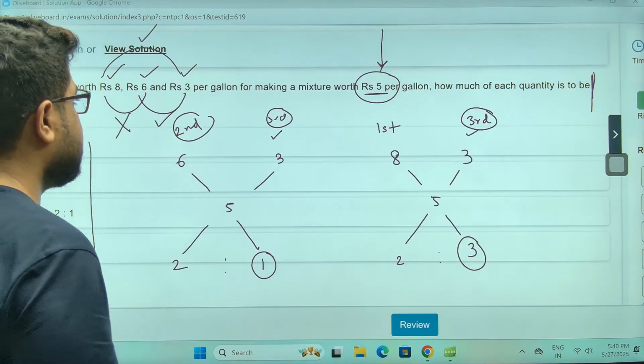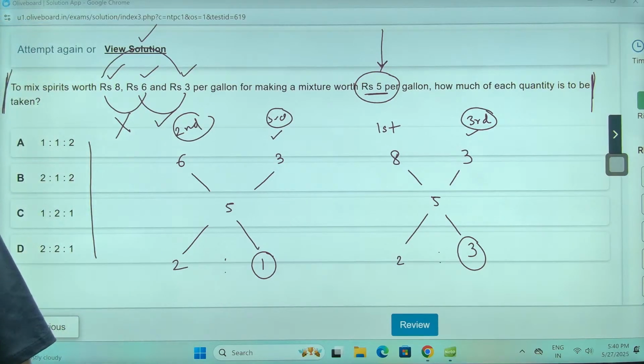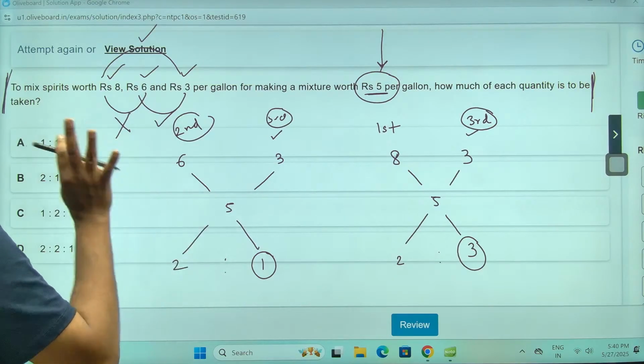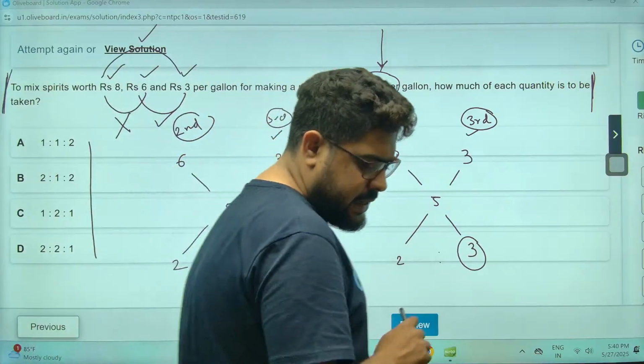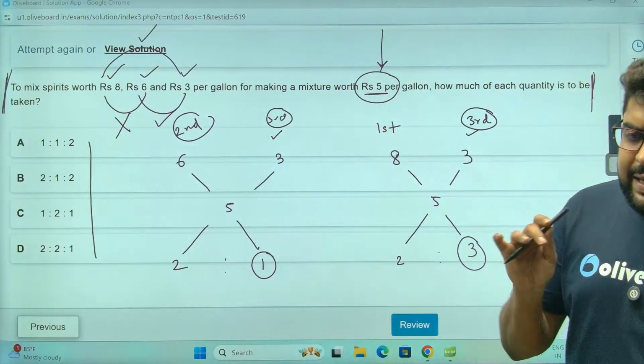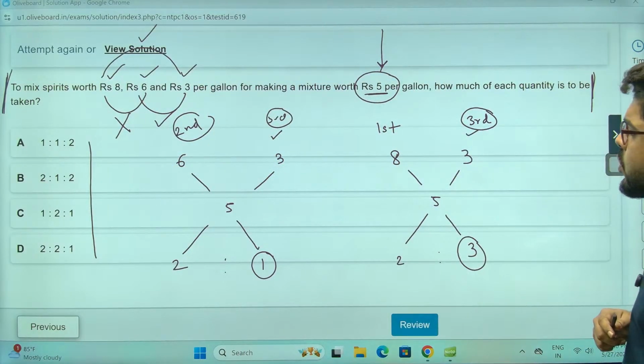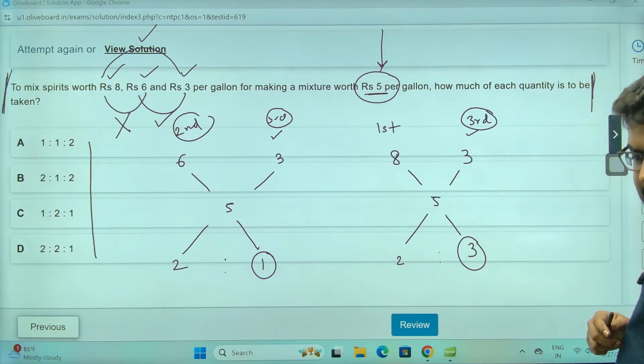No, sir. Something is not right. Can anyone figure out any silly mistake that I've made? Did we make some silly mistake? Any silly mistakes at all, sir? Let me look from a distance. I cannot find any silly mistake actually.